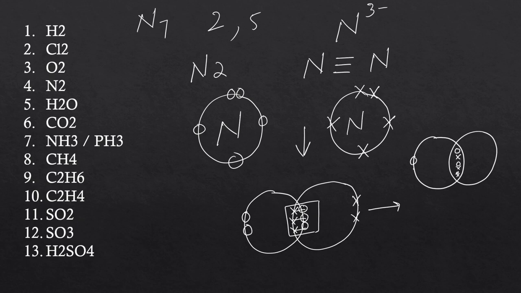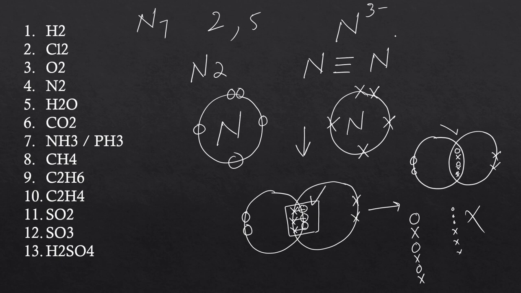You will draw in this fashion in your exam. If you draw 1, 2, 3, then 1, 2, 3, it is a wrong description. So there are 6 electrons.